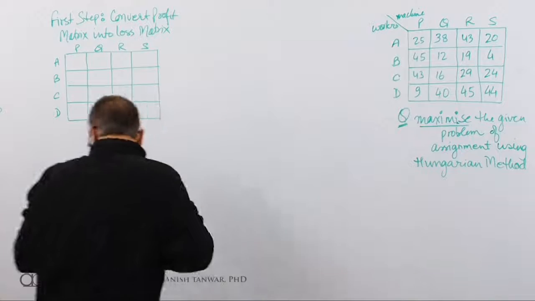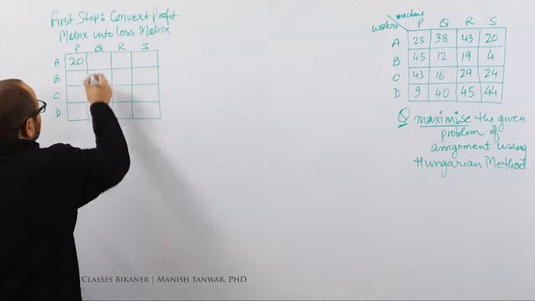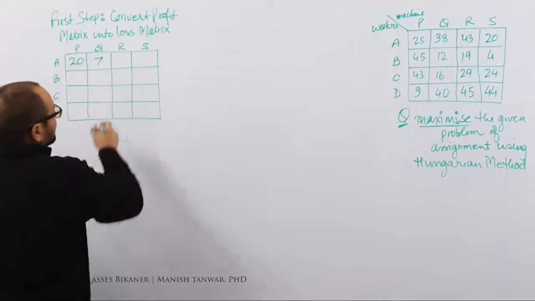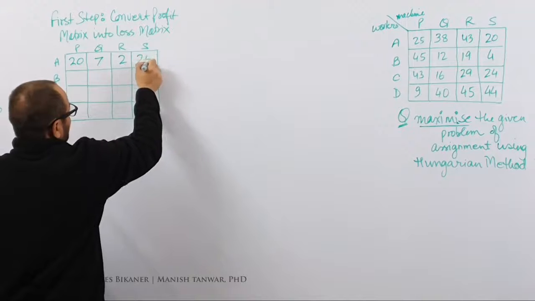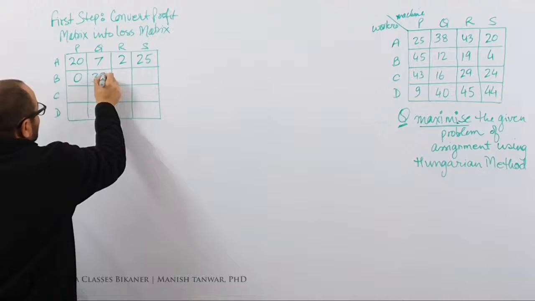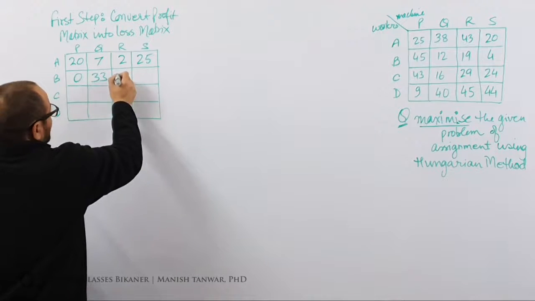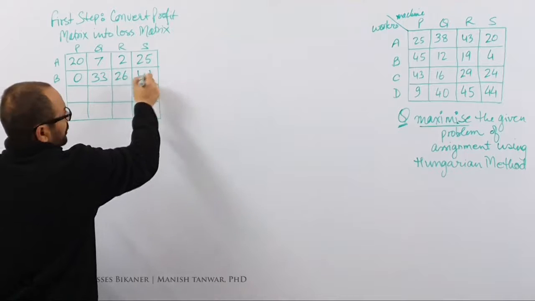45 minus 25, 20. 45 minus 38, 7. 45 minus 43, 2. 45 minus 20 would be 25. Then we have 0, 33, 26, 41.